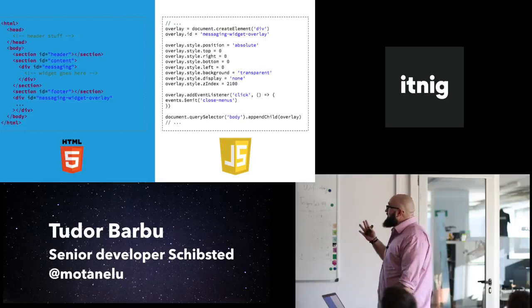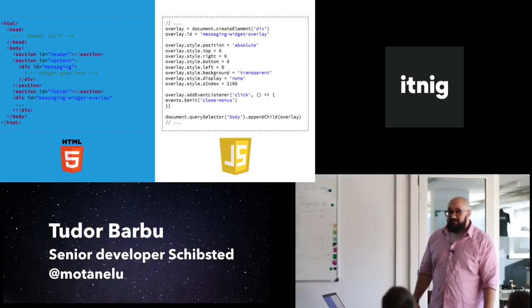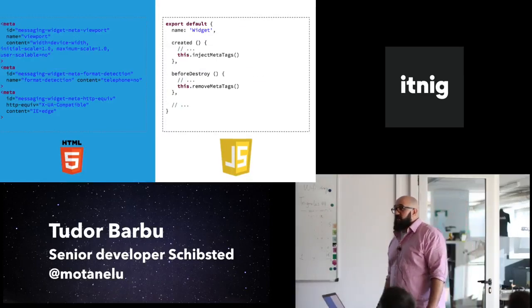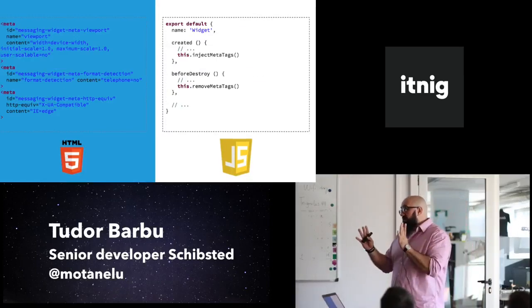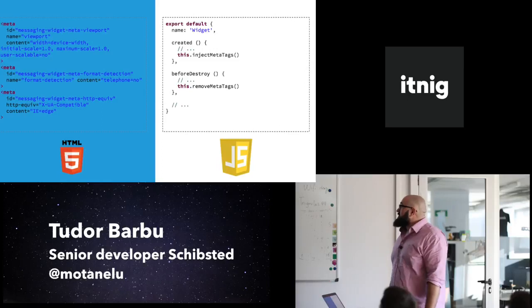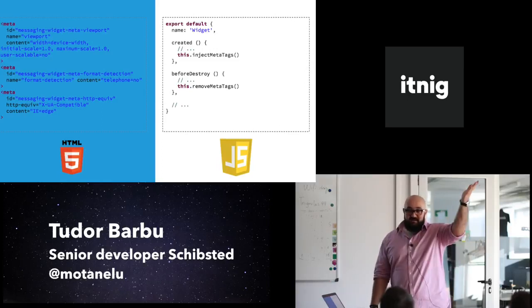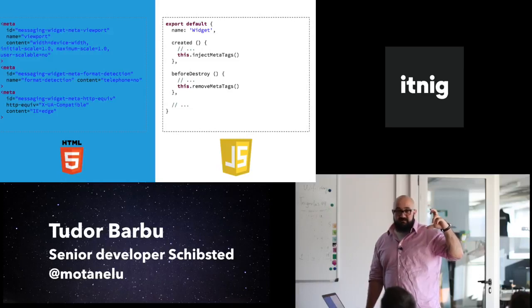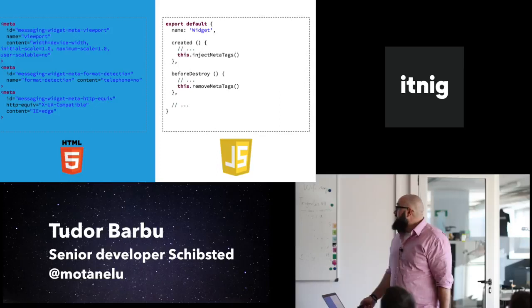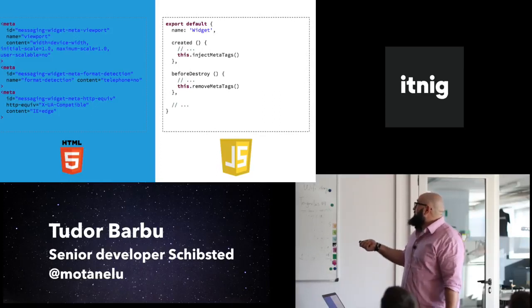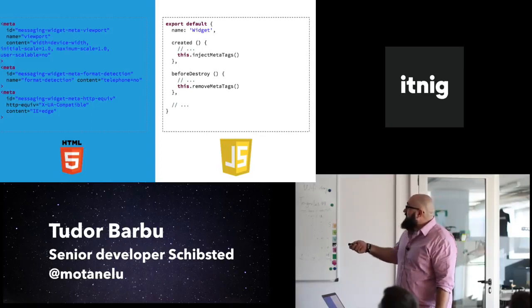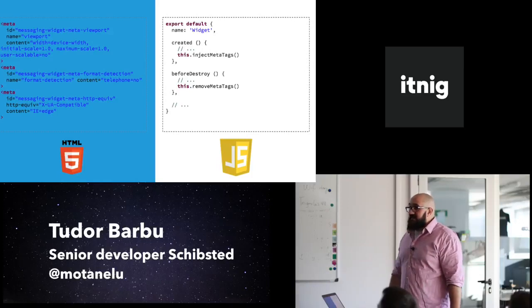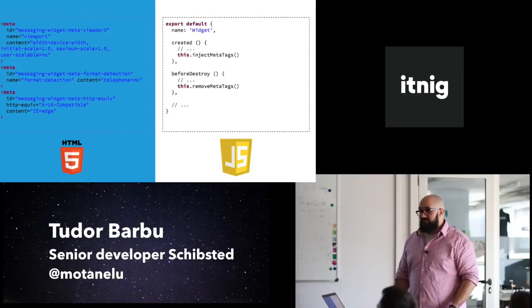I also had another problem because I don't know if the site, the widget, needs to be responsive. So I don't know what they have in the head, if they have the correct meta tags to ensure that responsiveness and media queries in the CSS work as expected. So whenever the widget was created, I would inject these meta tags in the header, and every time it was destroyed, I would remove them.